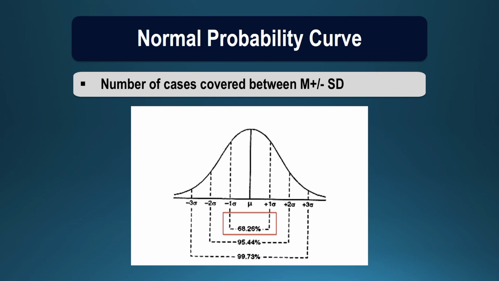Mean plus minus 2 sigma covers 95.4% of the cases, and mean plus minus 3 sigma covers 99.7% of the cases. So the total area of the normal probability curve is mean plus minus 3 sigma, that is 6 sigma in a nutshell, and it is assumed that 100% of cases are covered between mean plus minus 3 sigma.